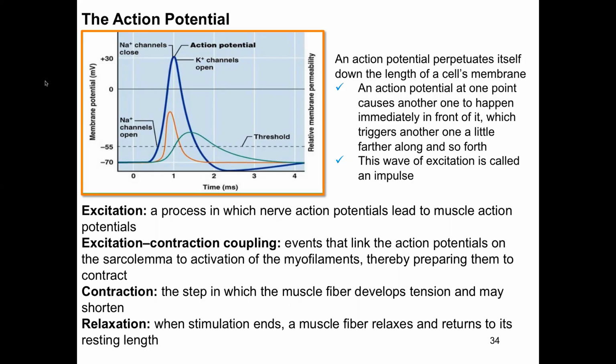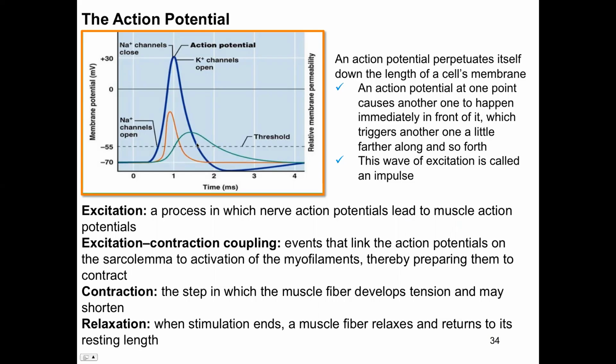They actually open a little bit before that, but they become fully open at about plus 30. Then potassium is going to go down its concentration gradient and flow out of the muscle cell, and that's going to repolarize the membrane. You can see here in orange the concentration of sodium, in green the concentration of potassium, and in blue, the actual charge across the membrane.